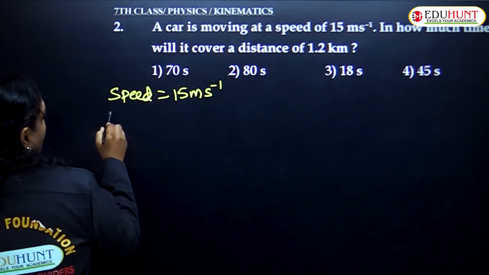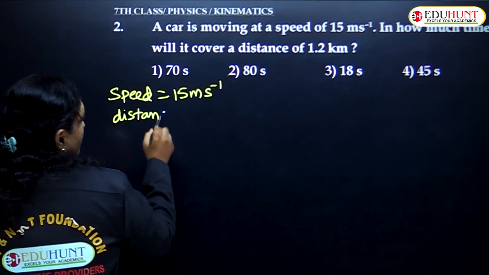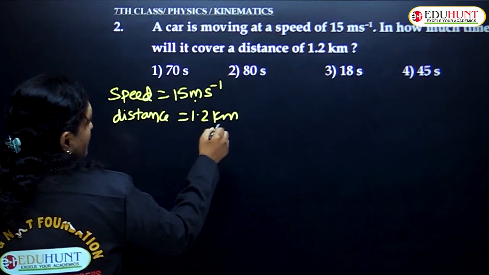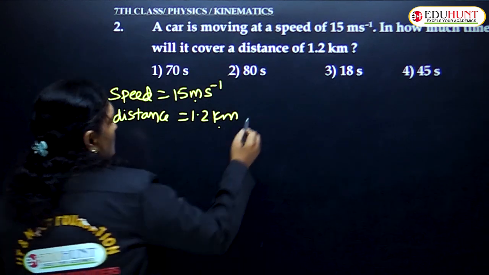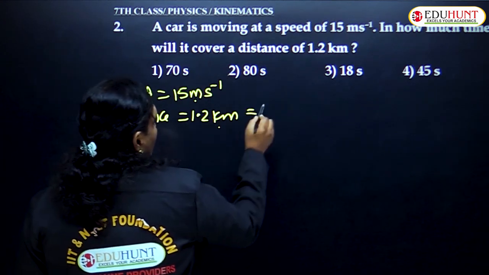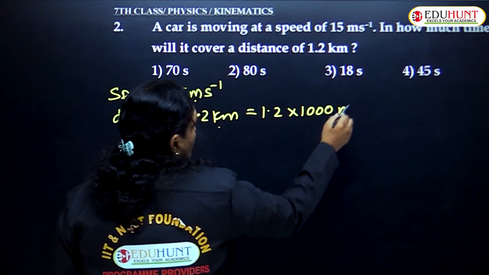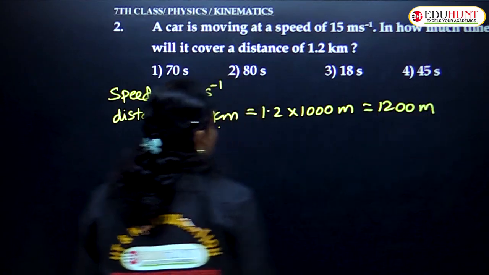Distance was given as 1.2 kilometers. This is in meters and this is in kilometers, so we need to convert kilometers into meters. 1 kilometer is 1000 meters. So 1.2 into 1000 meters equals 1200 meters.